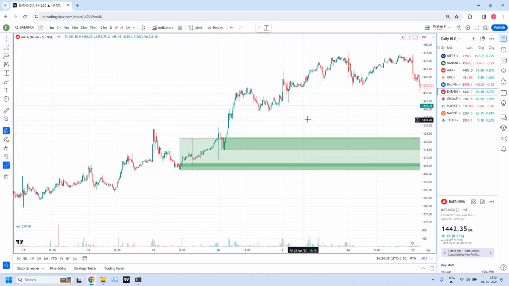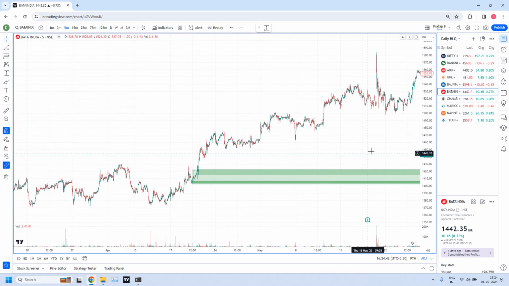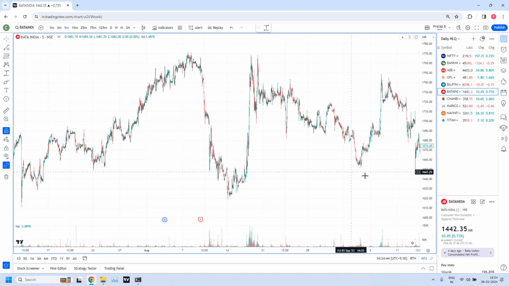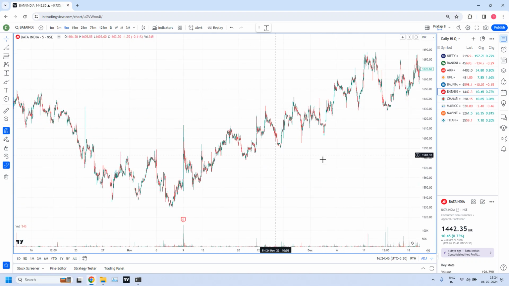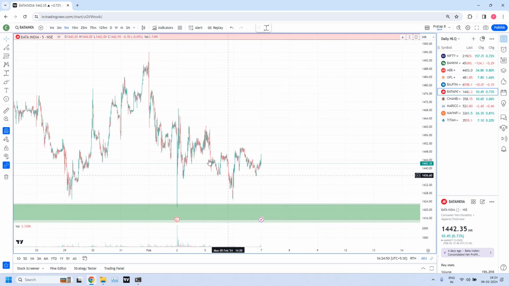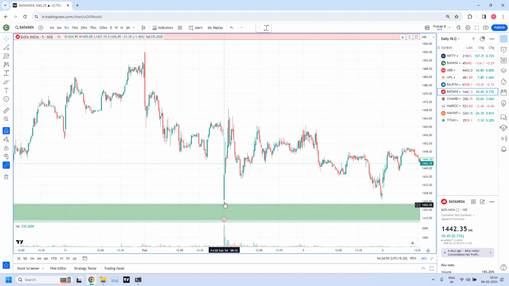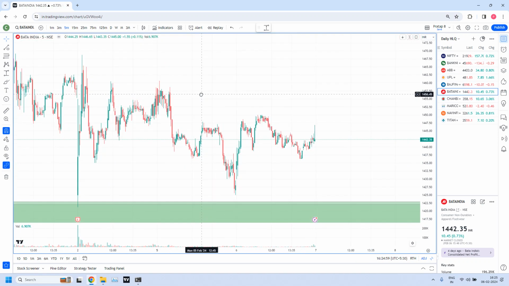But what happened? Prices did not enter into this zone. Before entering itself, prices in this area, prices entered. That is last Friday.